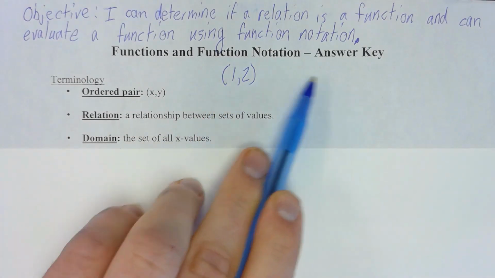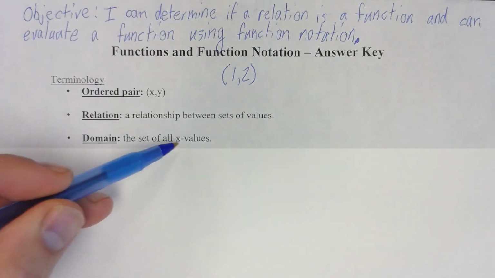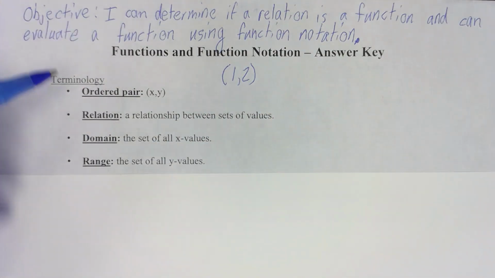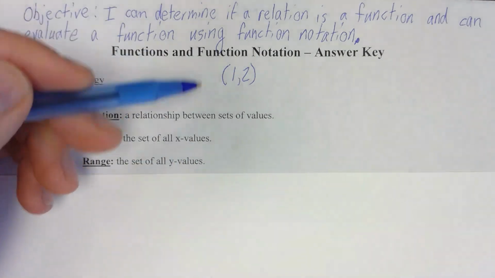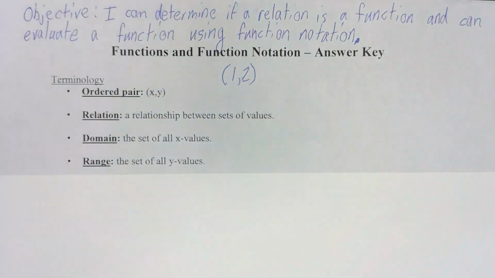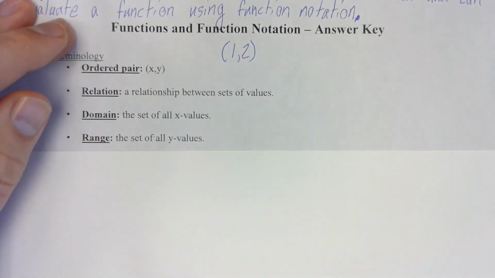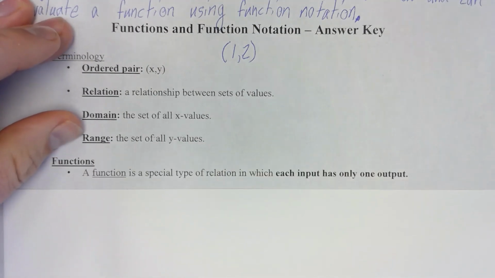Maybe if there's other points, it's more than 1. But the domain describes your set of x values. The range then describes all of your y values. Now we're looking at the y-axis. In this case, 2 would have to be part of our range. I'm going to show you some examples to give you a better idea of domain and range.